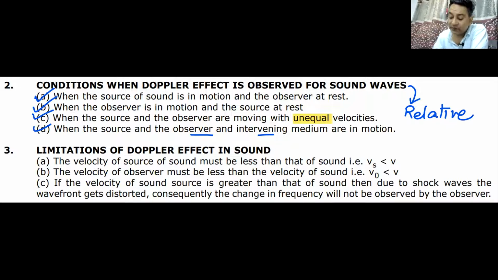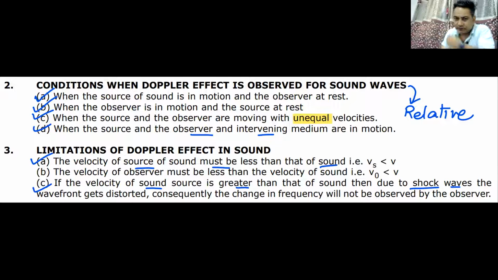You must remember this. What are the limitations of Doppler effect? The velocity of the source should be less than the velocity of sound. If the velocity of the source is too high, then you have shock waves.